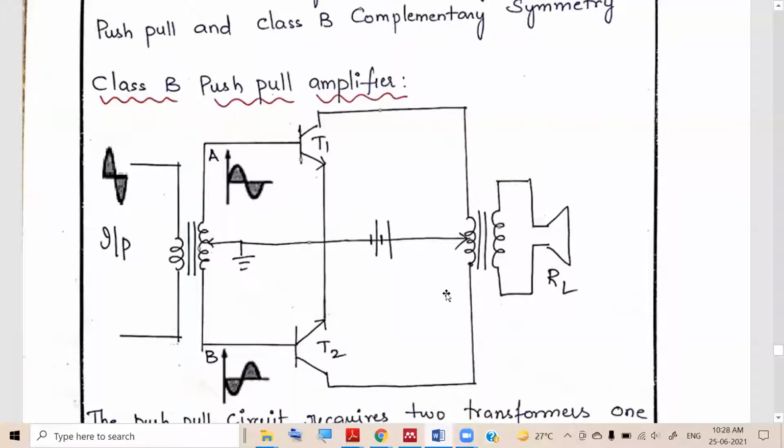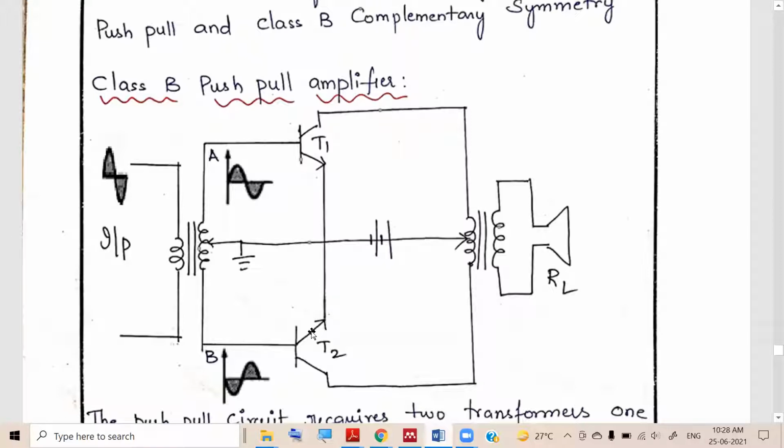So what we are doing here is we are inverting the signal so that each transistor conducts for one half cycle. Instead of inverting the signal, why don't we use a different transistor, one which functions opposite to that of T1?